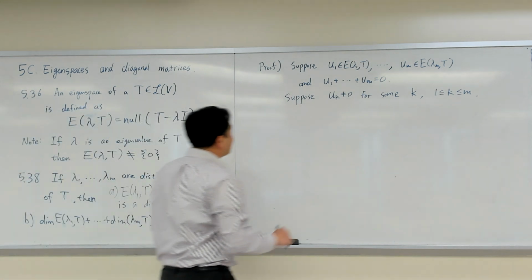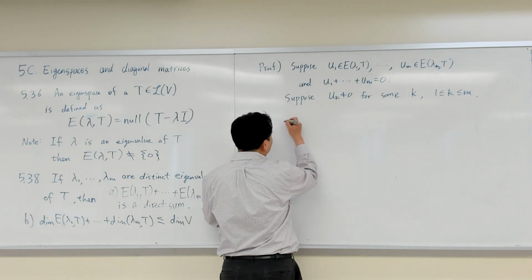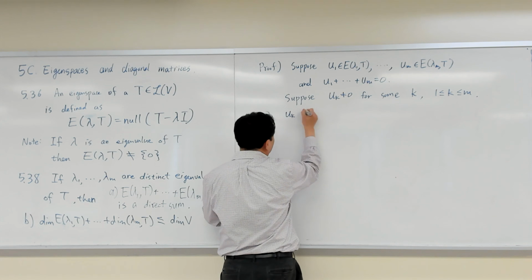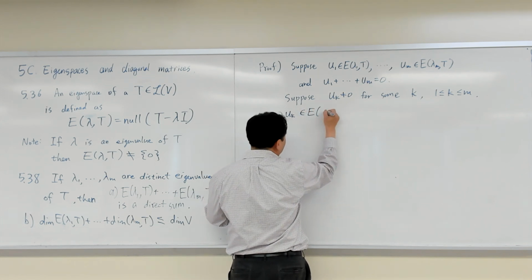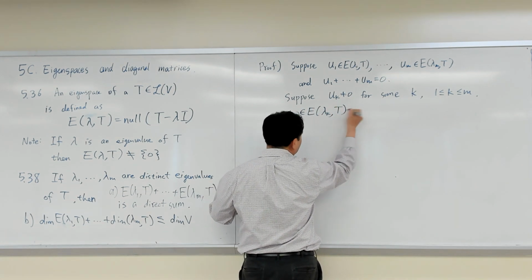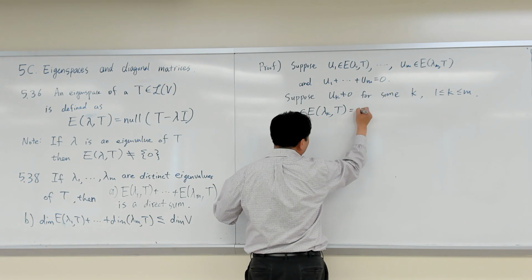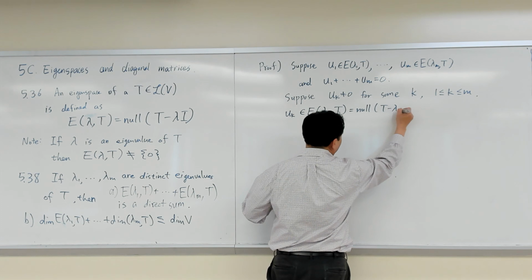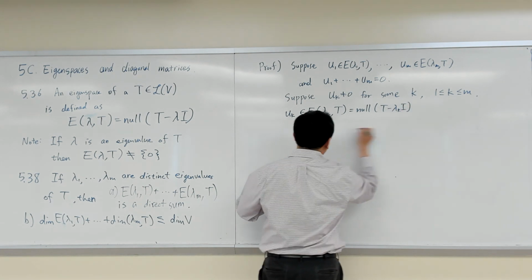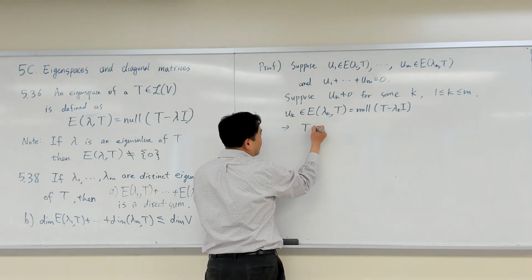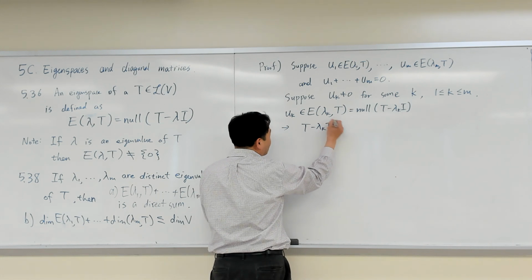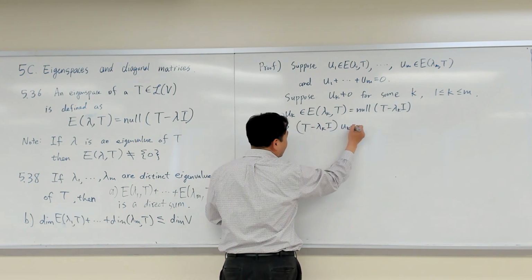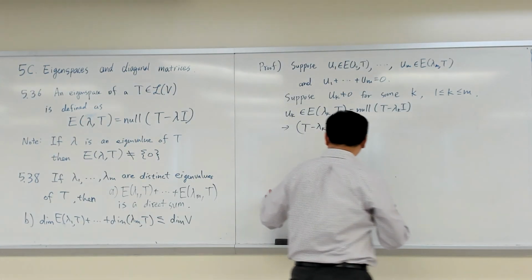Then what that immediately means is that uk is in E of lambda k, T, which is the null space of T minus lambda k I, which means T minus lambda k I applied to uk is equal to 0.